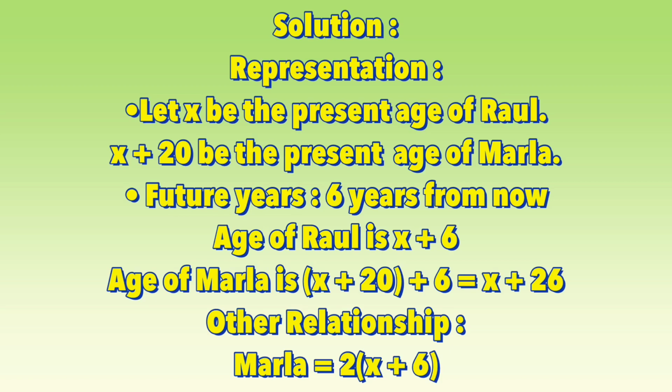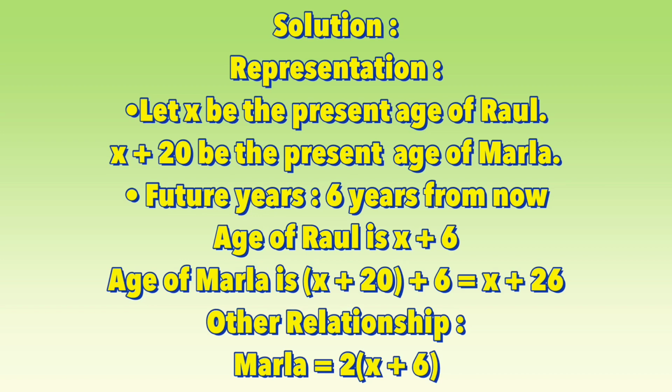Our solution now is the representation. Let x be the present age of Raul, x plus 20 be the present age of Marla, and we have to consider the future years. The future years is 6 years from now. Future years we're going to add to the present age.